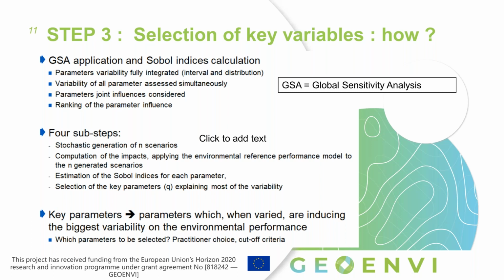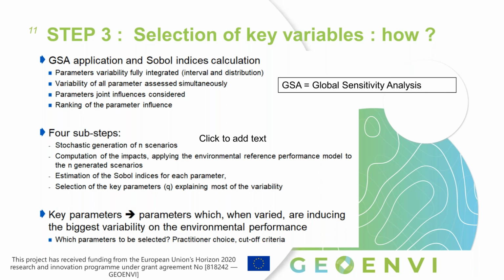This step is very important because it allows you to assess simultaneously the variability of all the input variables you decided on. So you could have the simultaneous variability for 20 or even 30 input variables.